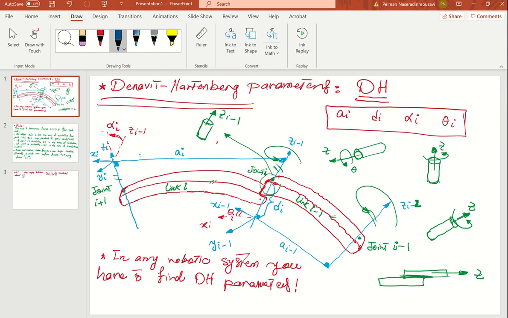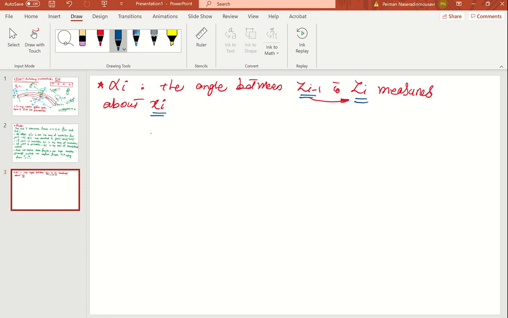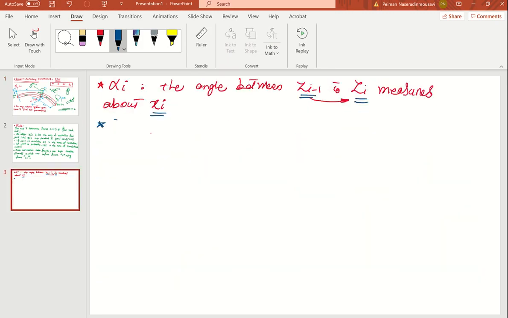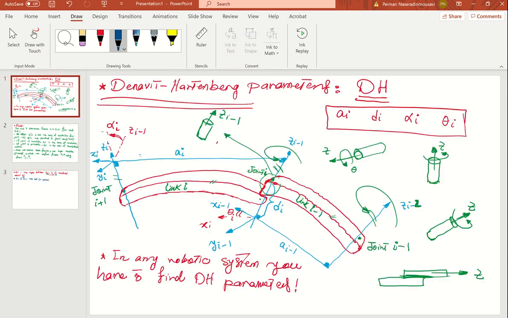So that's it. Second point, in this figure, zi and z i minus 1 are not coplanar. They are in space. They are not in the same plane.